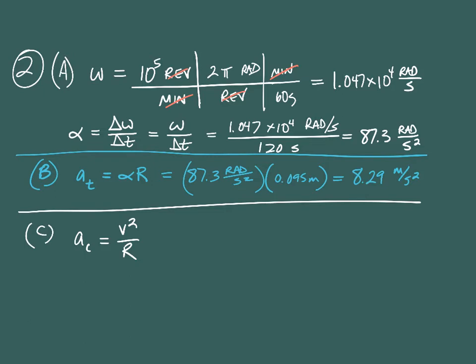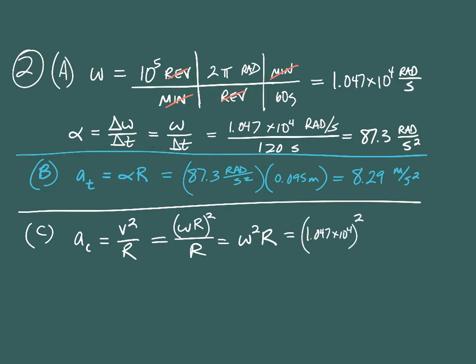So v squared over r, well, I don't know linear speed v, but I do know that v is omega r, which means that I'm going to get omega squared r. We also created this equation a while back in that other unit, but I just sort of redid it here because we can. So omega squared, omega was our 1.047 times 10 to the fourth number.